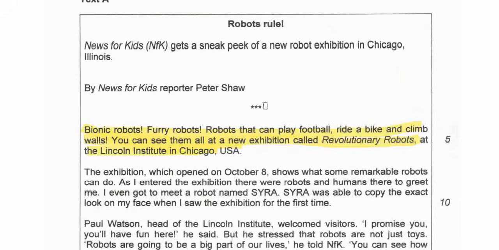Well, from lines 4 to 6, you can see that the writer used exclamation marks, italics, and you can also say the writer used repetition: robots is repeated.